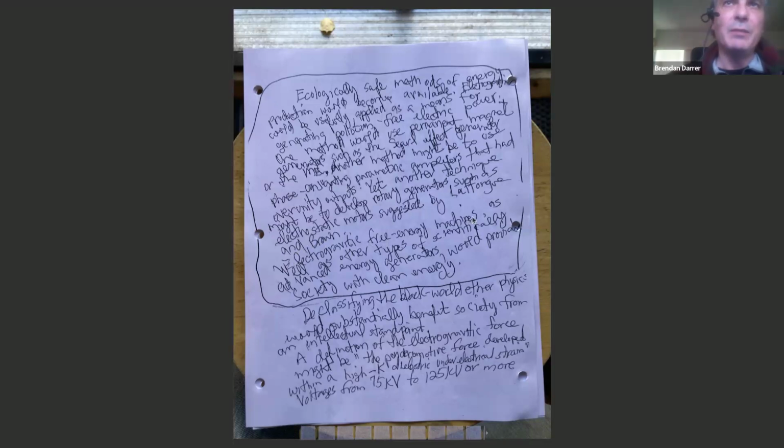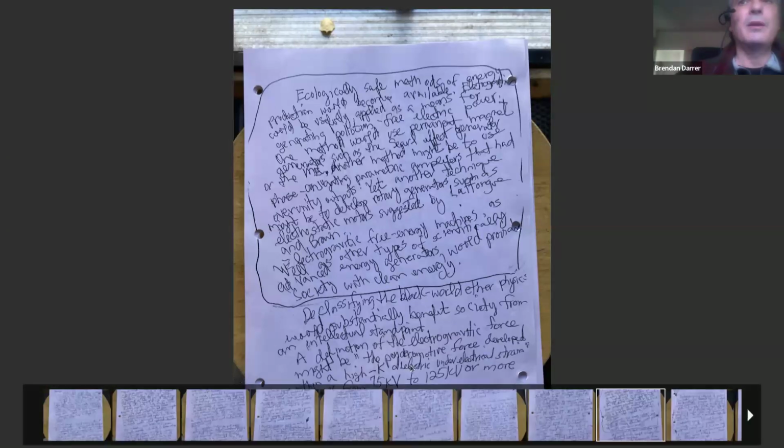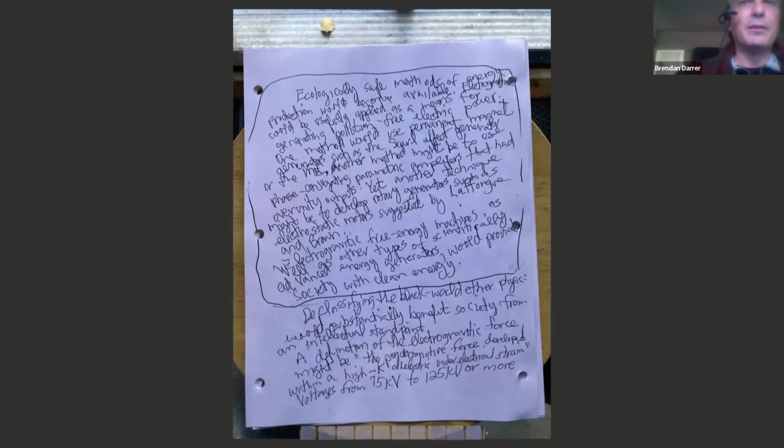Electrogravitic free energy machines, as well as other types of scientifically advanced energy generators, would provide society with clean energy. Declassifying the black world ether physics would substantially benefit society from an intellectual standpoint.